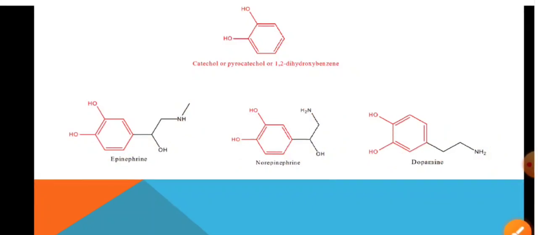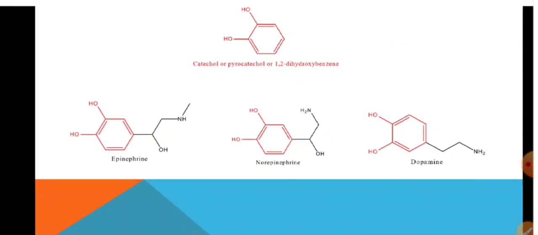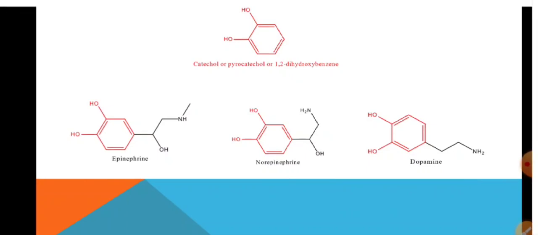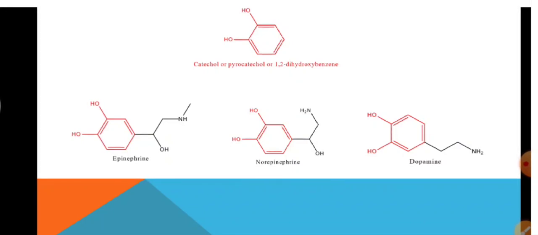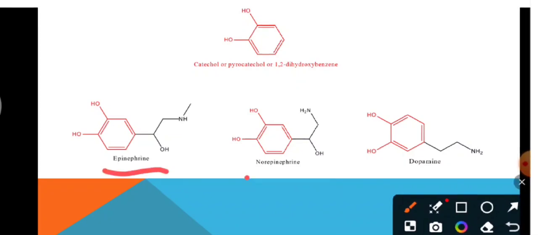All these catecholamines are found in mammalian tissues. In all the structures, we are seeing the catechol ring in red color, then there is an ethyl chain and a monoamine group at the terminal position. Examples of catecholamines are epinephrine, norepinephrine and dopamine.